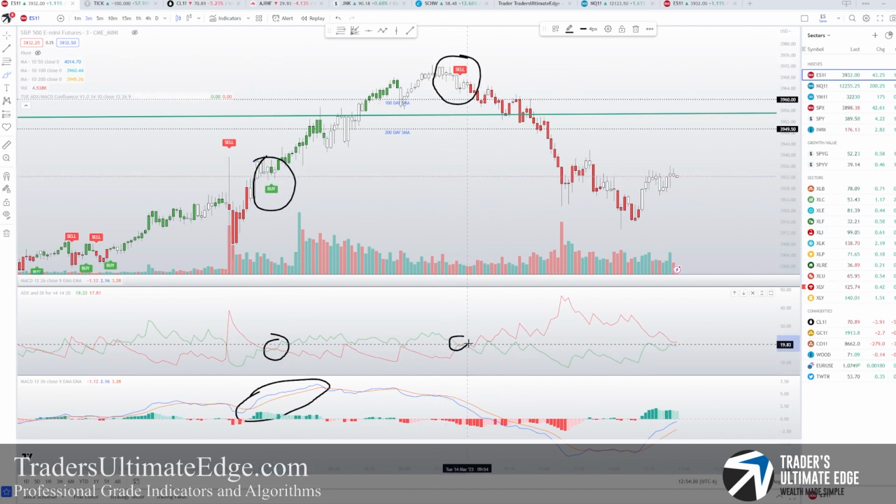This is where we get the confluence. MACD was already in a downturn, but this is where it gets the confluence. So you've got an opening condition right here for your algorithm. Depending on your settings, it may or may not take the trade, but we're just going to say this is our only opening condition.